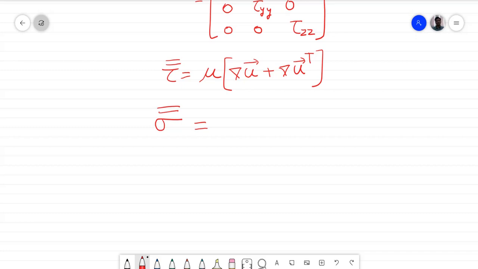So pressure appears all the time, even in the static state, but this tau appears only when there is a flow. So that appears when there is dynamics, and for the static case only pressure appears. So how does the pressure term look here?